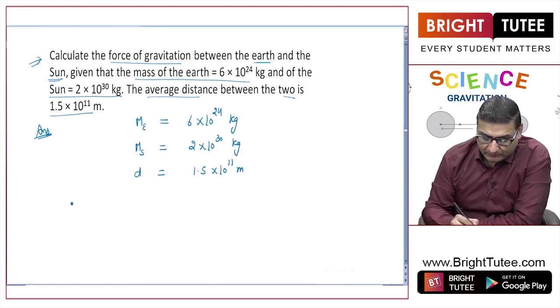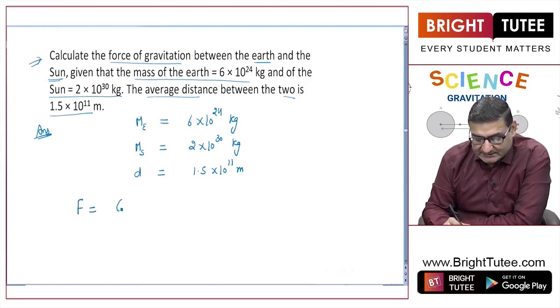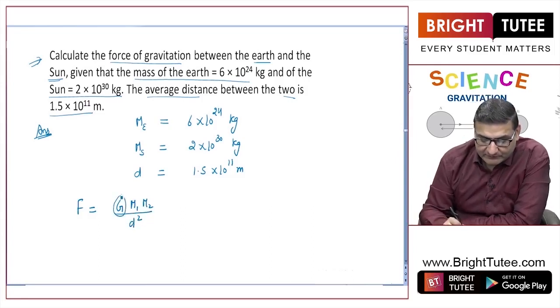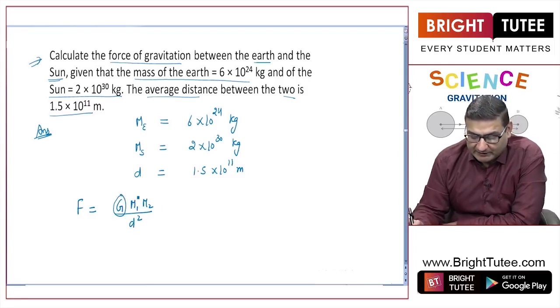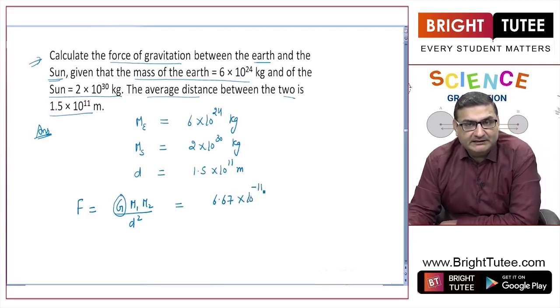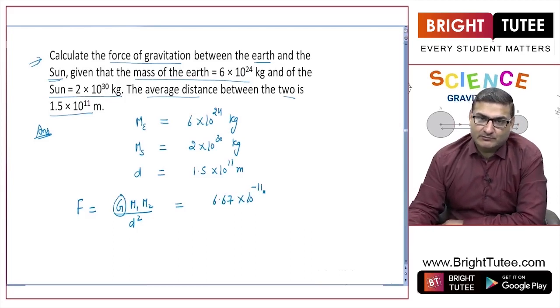We know that the formula to find force is G into m1 into m2 upon d square. The value of G, being a constant, we already know: it is equal to 6.67 into 10 to the power minus 11 Newton meter square upon kilogram square.